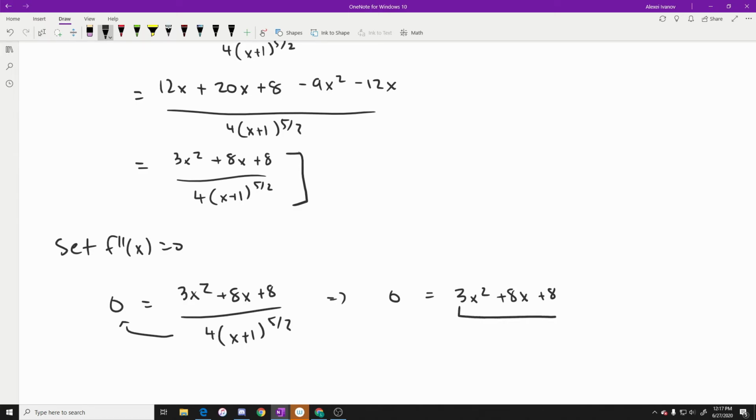Now this right here actually has no real zeros, because we know that the discriminant, b squared minus 4ac, if this is less than 0, then we're not going to have any real zeros, we're just going to have imaginary ones. And we can see that this is the b value, this is the a value, this is the c value. So if we plug this in, we're going to get minus 32. And that's less than 0, so we're not going to have any real zeros.